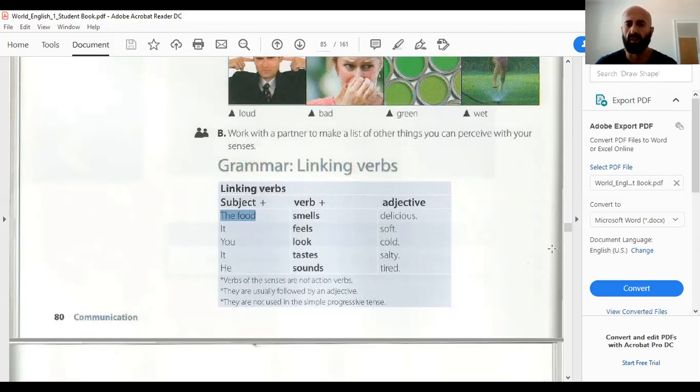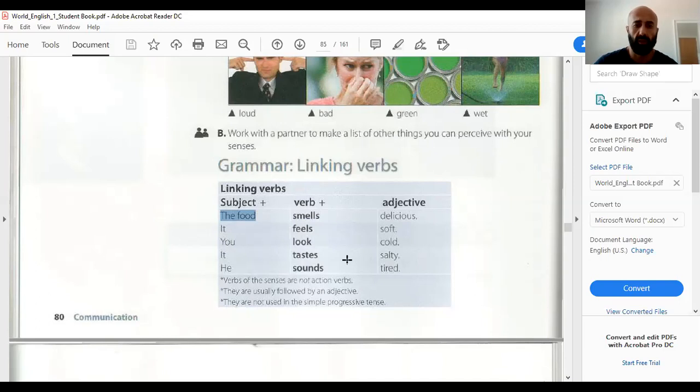You can say it felt soft, but it's something that is in the past, not anymore. You don't have information if it's still like that or not. Then you say, you looked cold. You are usually a very friendly person, but yesterday you looked very cold, for example.